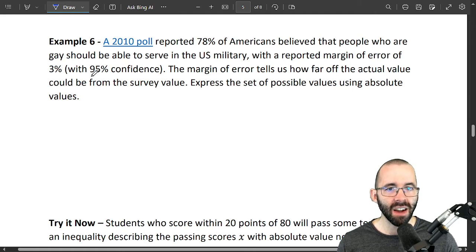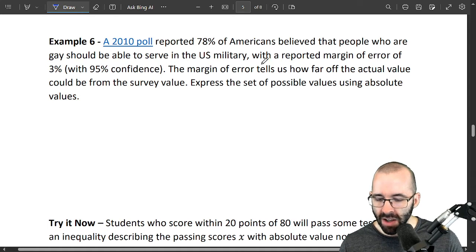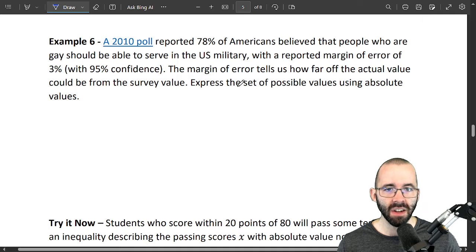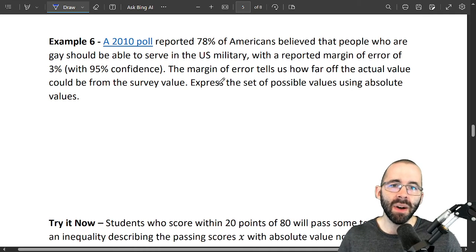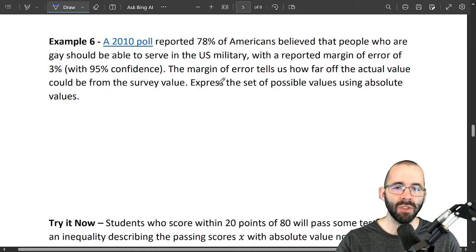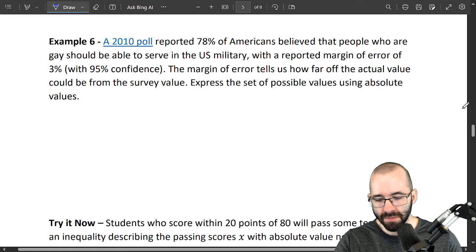We're 95% confident that even though we took a survey and got this result, the actual number, which is not going to be the same as the survey result, is within 3% of this. This margin of error tells us how far off the actual value could be from the survey value, with 95% confidence. Express the possible set of values for the real number of Americans who believe this, not just the ones that were sampled, using absolute values.